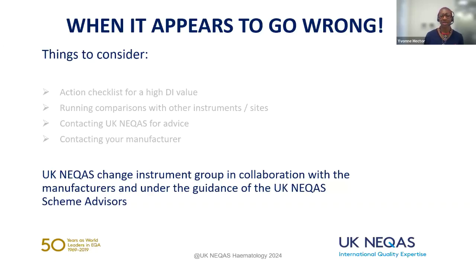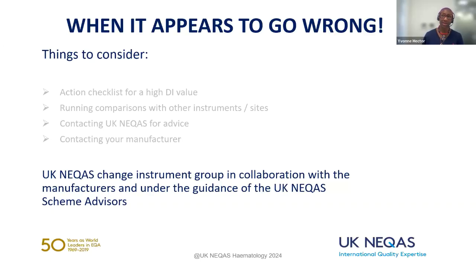And this also may mean that instrument groups will be changed on this basis, as there may be a number of things that we need to consider under the guidance of UK NEQAS scheme advisors to determine the appropriate action, to demonstrate that we are presenting everything in the way that we would like to present it.